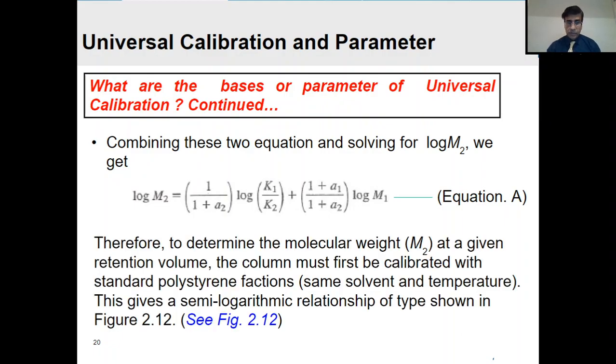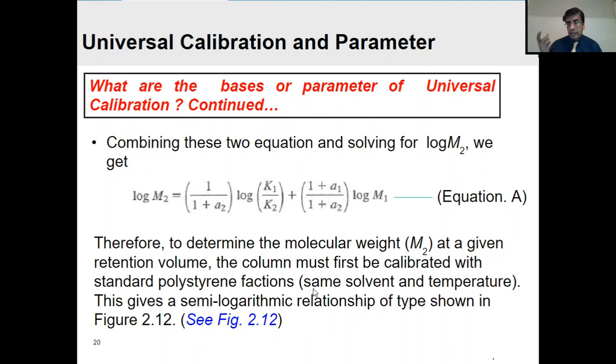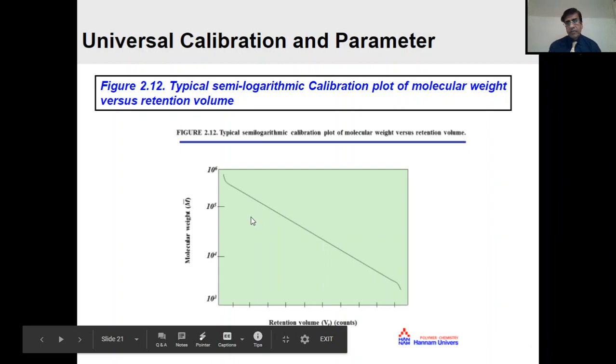So in order to find the molecular weight at a given retention volume, the column must first be calibrated. As I told you how to calibrate before, of course the solvent, temperature and column should be the same. So we will get a similar graph as we showed before. It's exactly the same as in figure 2.11.